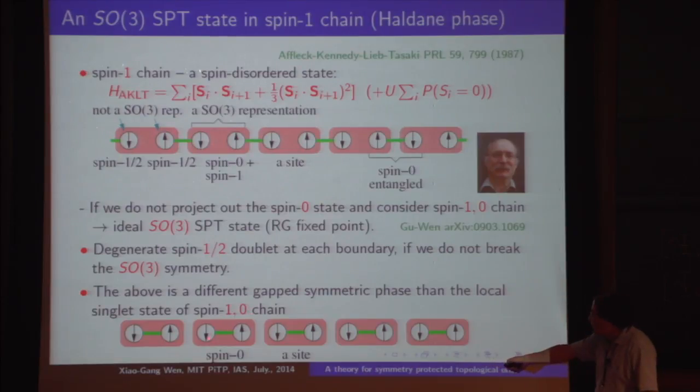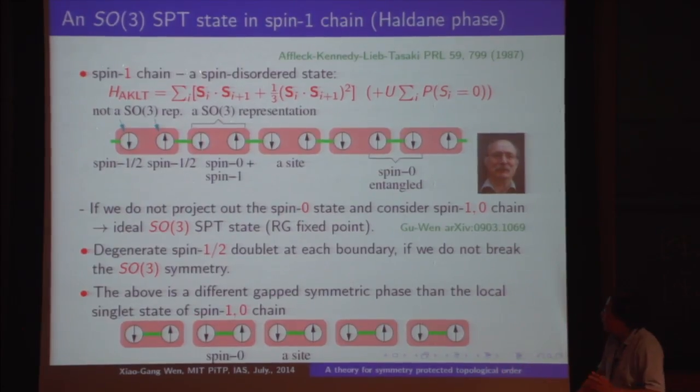That is, on each site, the spin 0 has lowest energy and the spin 1 has very high energy. So the ground state is a local singlet on each site. So this is another disordered ground state of a spin 1 chain.